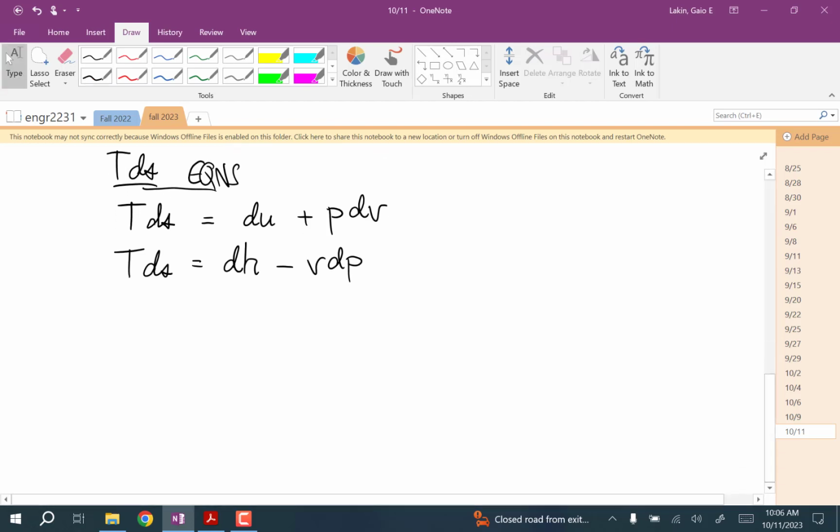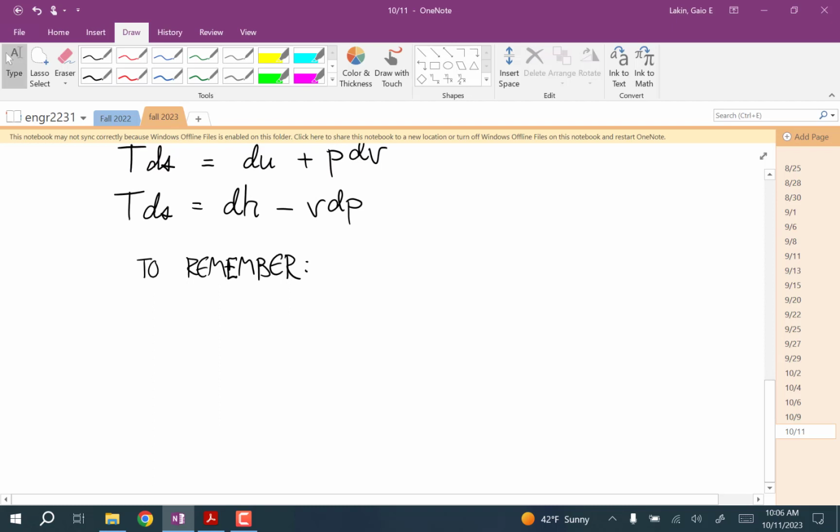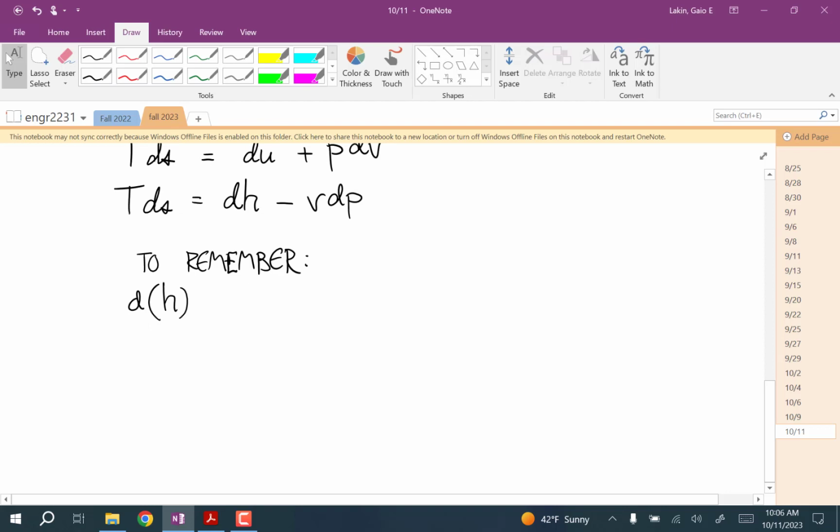And if you ever want to derive this in your head, you can think of an increment of the enthalpy, this is specific enthalpy, and the definition of specific enthalpy.